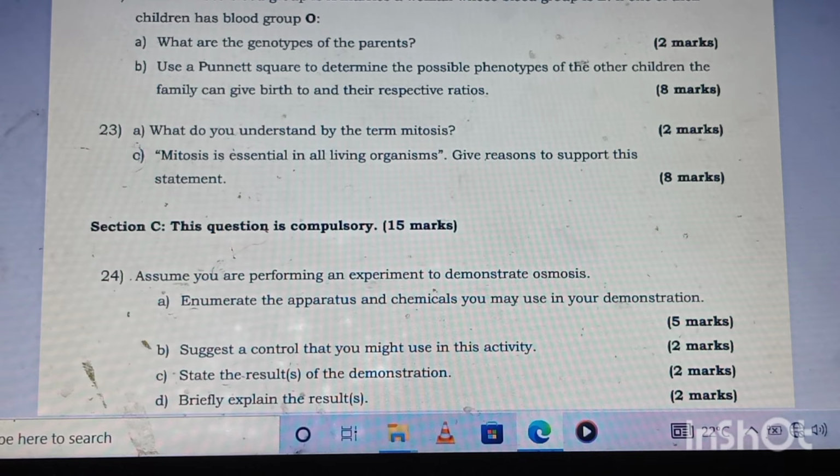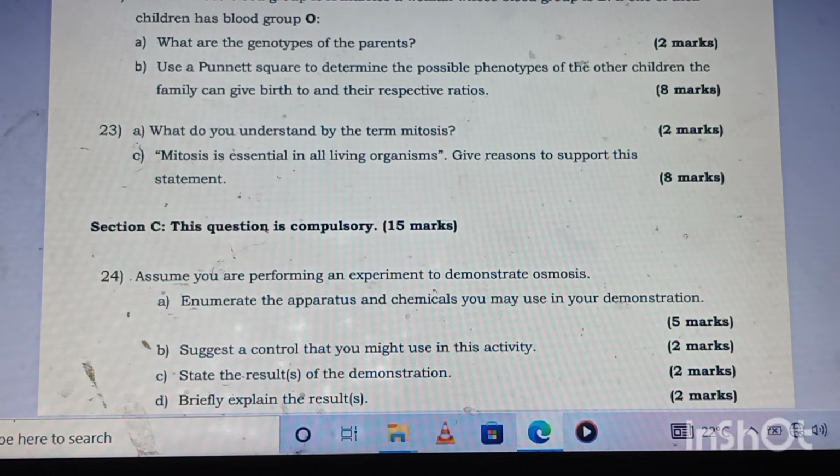First one is the Irish potato. The second one, you must use sugar, like saccharose. The third one is distilled water, and the knife and the beaker. That is the apparatus.